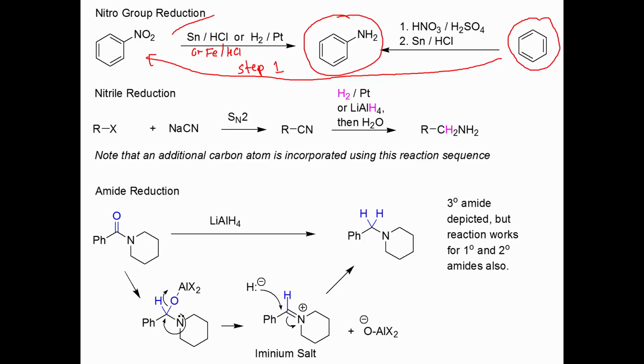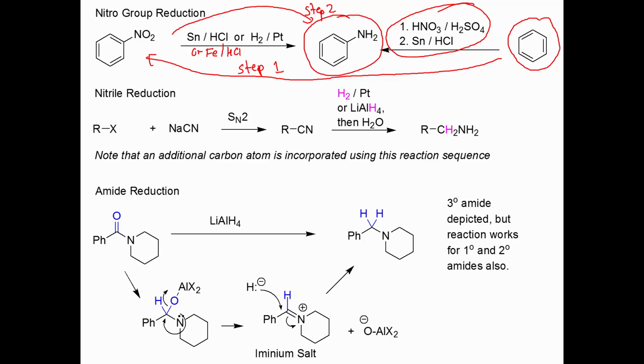Step 1 would make that, and step 2 would do this. So this sequence of 1 nitration, 2 nitro group reduction is an excellent way to introduce a nitrogen onto a benzene ring.